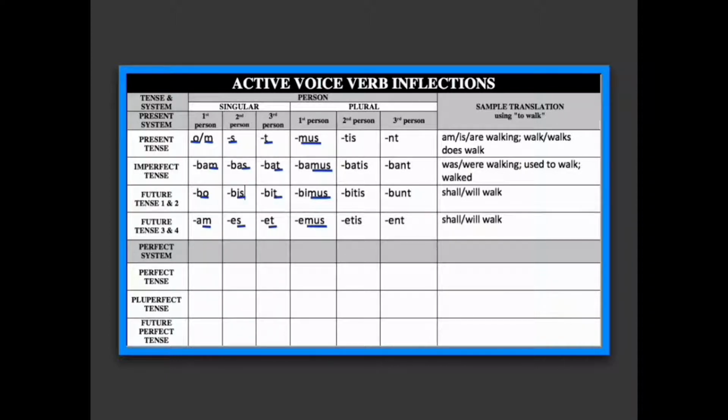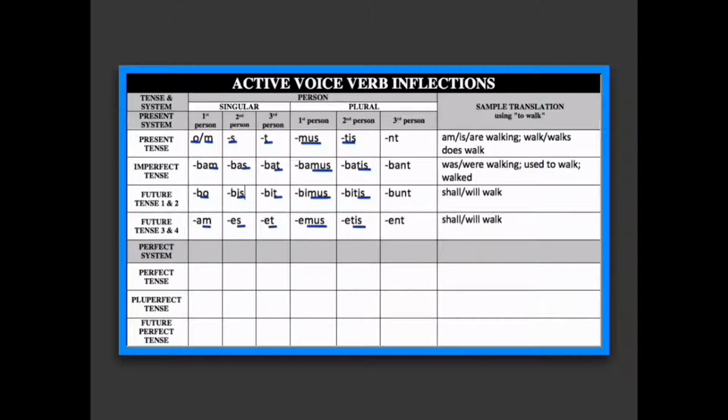Notice that on every ending in the second person plural column, the last three letters are TIS. This allows us to know that the subject of the verb is you. The tense will never change the subject ending. Make sure you commit to memory the fact that the inflectional ending TIS represents the subject you, and that you understand that this you is plural.